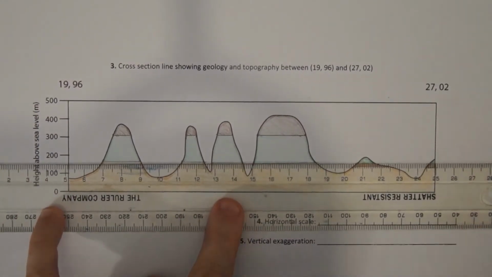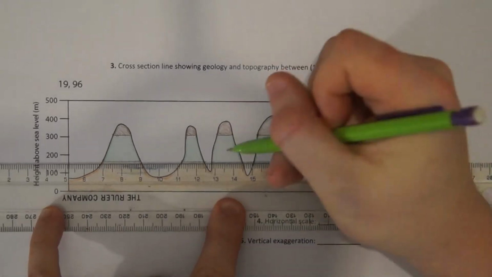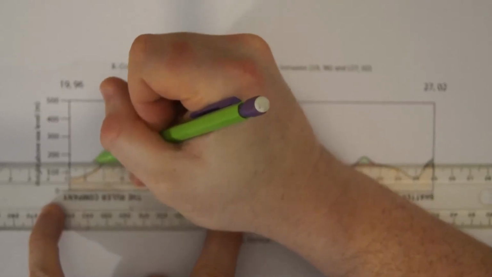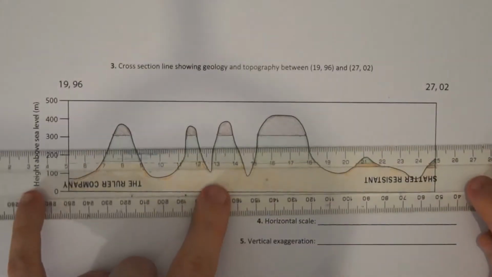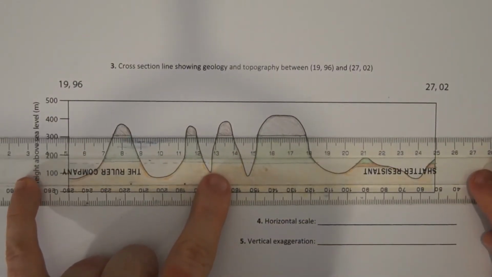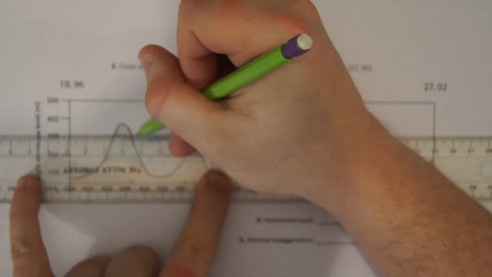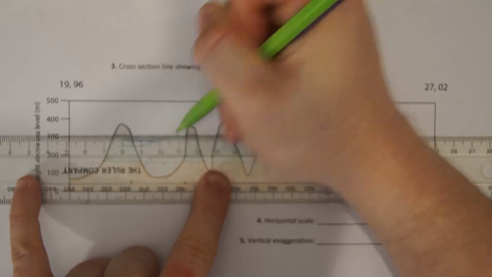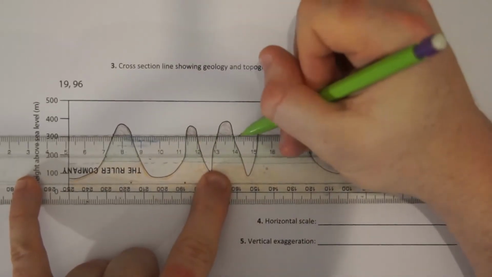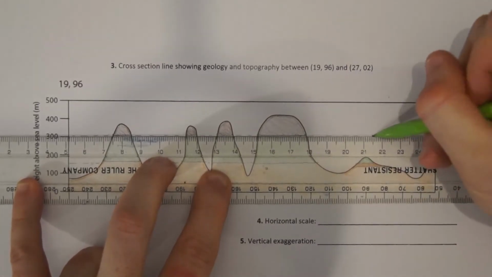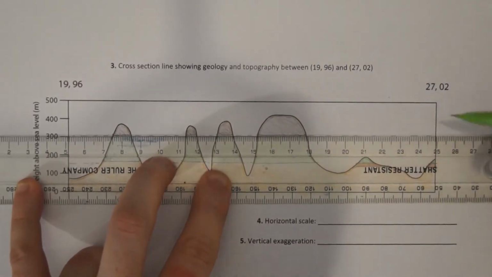So maybe we could show some dashed lines to show the sensible continuation of the geology above the surface, between our horizontal beds, because remember all of these would have been laterally continuous beds which would have continued across the landscape more or less.